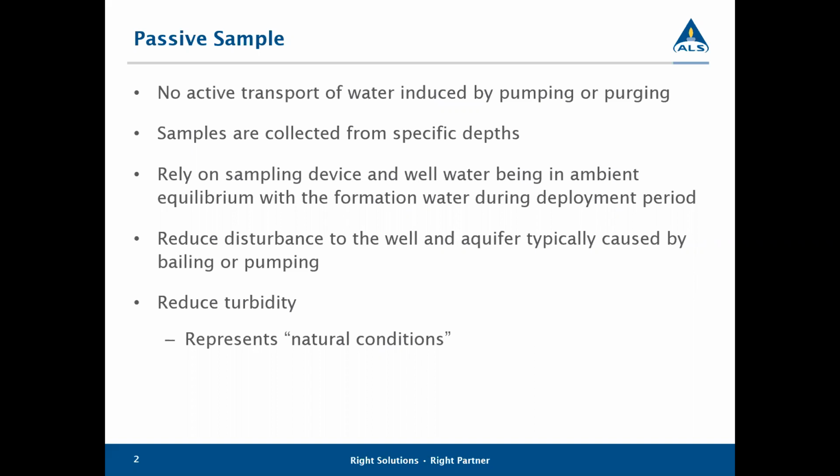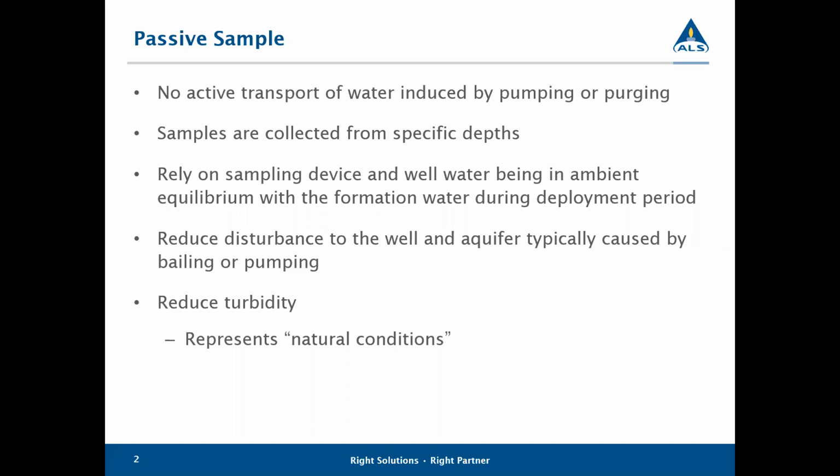With passive sampling, again, there's no active transport of water from pumping or purging. So you're not going to be pulling water from above your screen interval, below, or adjacent areas. It's all going to be collected right from your screened interval at the specific depth that your passive diffusion sampler is hanging.